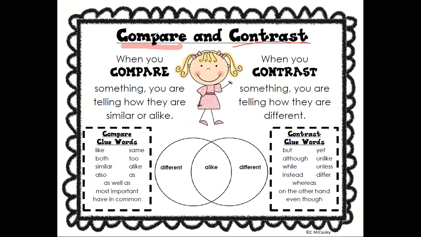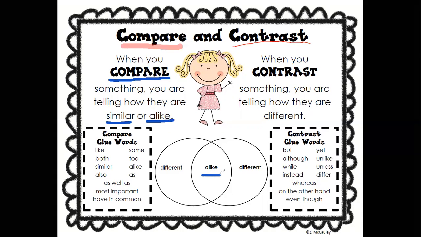So I'm going to read you what it says. Here it says, when you compare something, you are telling how they are similar or alike. So when I compare something, I want to tell how they are the same or similar or alike.